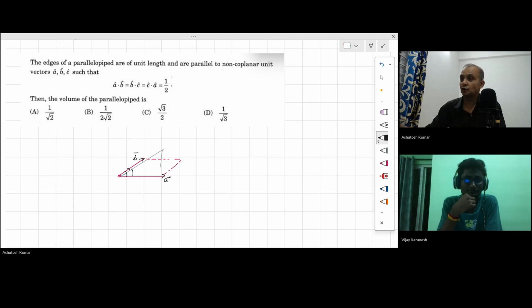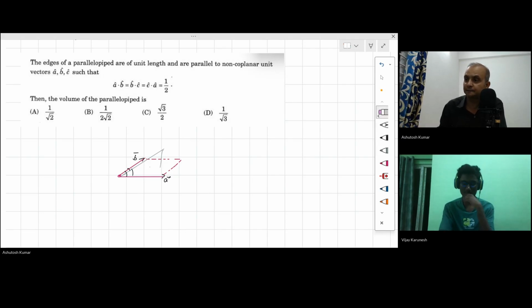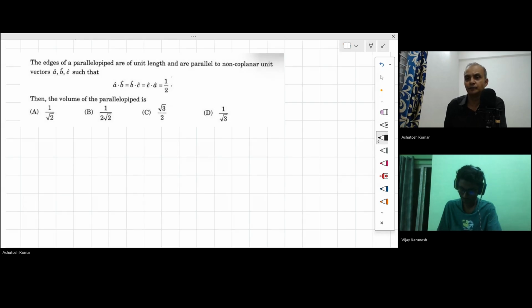But suppose we don't know how to find the angle, then how do we find it? So let me just give you the idea. I will give you two methods to solve this. Let's see. Let us erase this. I will draw again if required. To find the volume of the parallelepiped, let's say V, you know that this is going to be the scalar triple product of A, B, and C, correct?